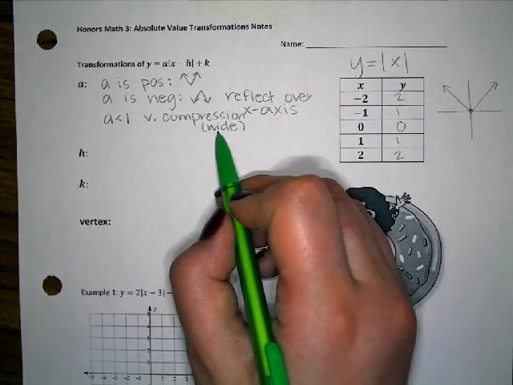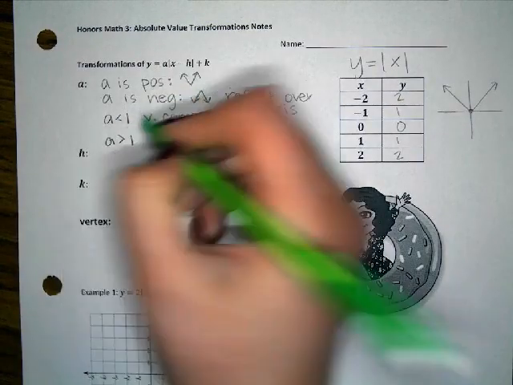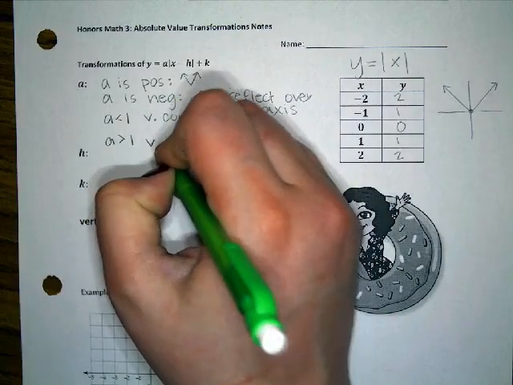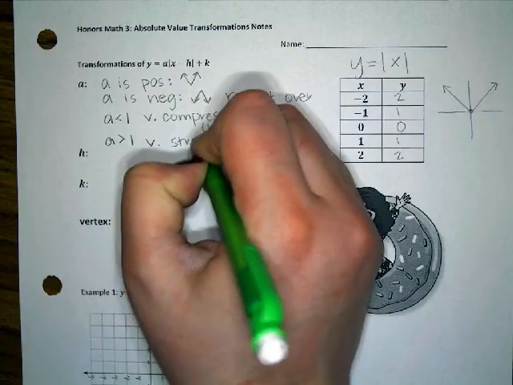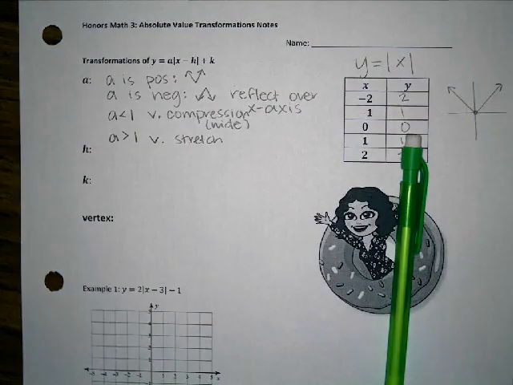If it's a bigger number, greater than 1, this is a vertical stretch. So you took the graph and it's like you held it like this and you pulled. You're vertically stretching the graph. You're making it really tall and skinny. Okay? Vertical stretch is a skinny graph.